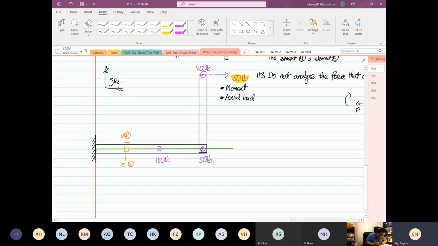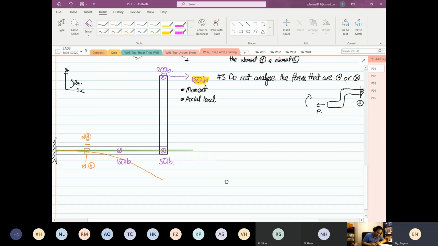The neutral axis will deform this way. So with this view, more or less, we know that element H will be under what? Will be under tensile. Element K will have zero stress because element K is on the what? It's on the neutral axis.